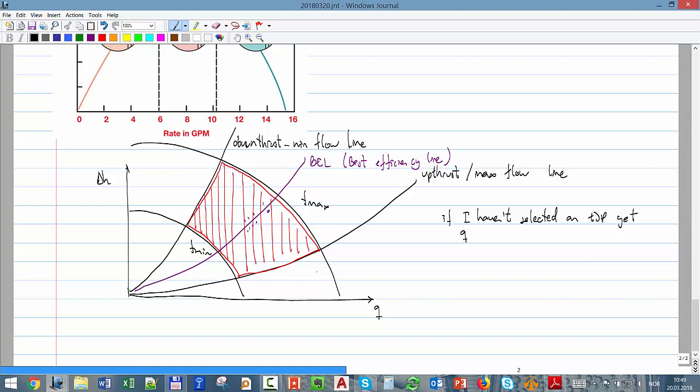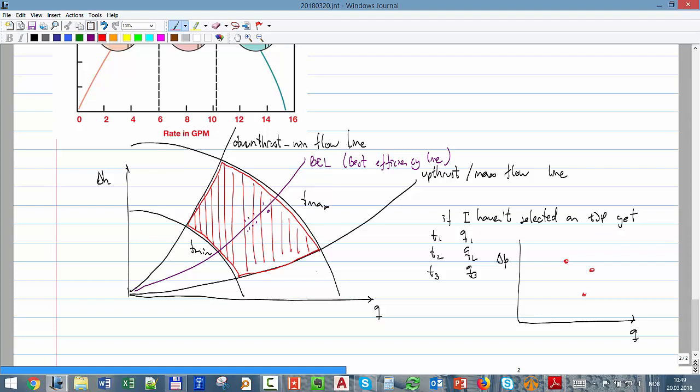I say I want to produce at time 1 Q1, time 2 Q2, and so forth, and that's the exercise you guys are going to work with today. I calculate for each one of them. Let's say here I have delta P versus Q, and the points move something like that. I calculate the available and the required, and I have 3 points.